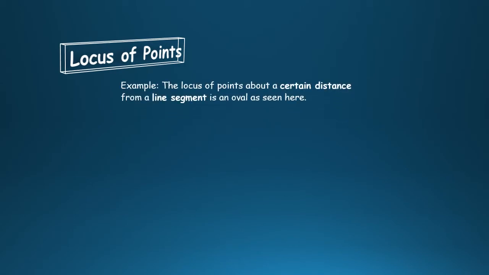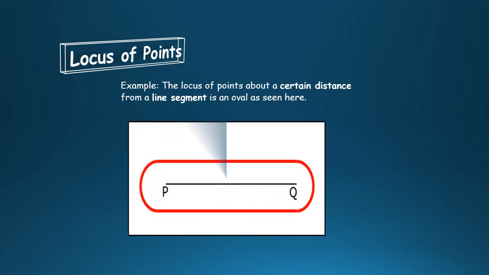And the final one we've got here is an example of a locus of points about a certain distance from a line segment. Okay, there's a line segment, and there in red around line PQ are all of the possible points that could be a given distance from it. You'll notice it forms a racetrack. This is always going to happen with a line.